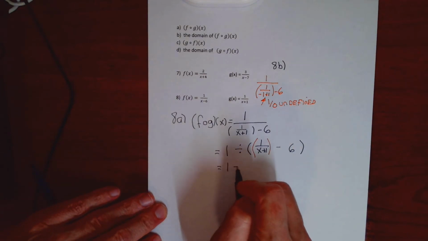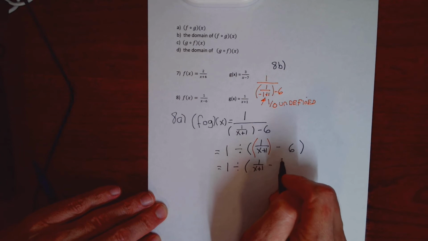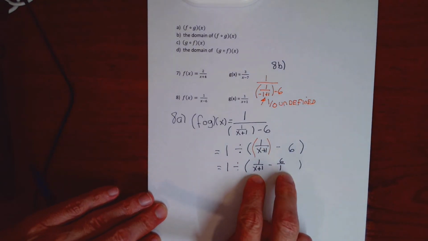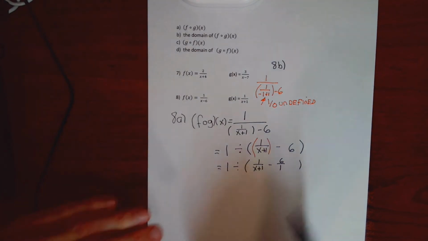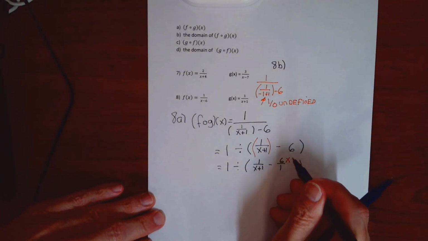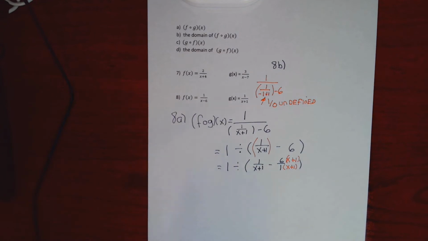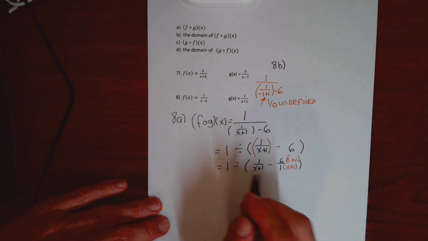And now I'm going to write this as 1 divided by, getting rid of this parentheses and making the 6 a fraction with a 1 in the denominator, because I need to combine these together by getting a common denominator. The common denominator is going to be x plus 1, so that 6, to make it combinable with the 1 over x plus 1, I multiply it by x plus 1 over x plus 1.